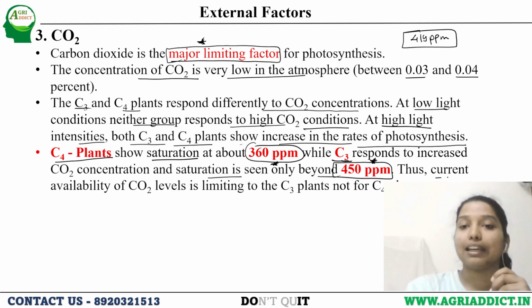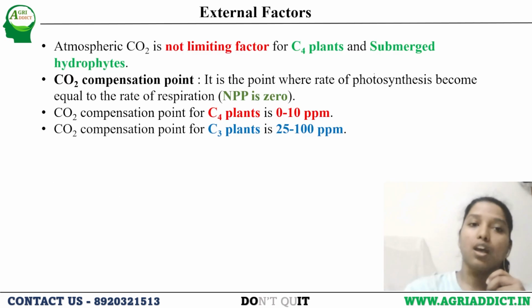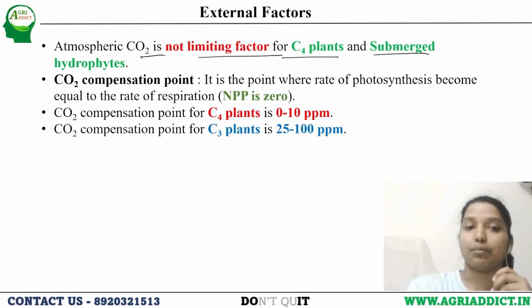So we can say that the current availability of CO2 levels is limiting to the C3 plants, but not for C4 plants, because C4 plants get saturation at 360 ppm, but for C3 plants, the saturation point will come only after this 450 ppm. So carbon dioxide at its current concentration is limiting in case of C3 plants. Now, atmospheric carbon dioxide is not a limiting factor for C4 plants and submerged plants. It is limiting for C3 plants.